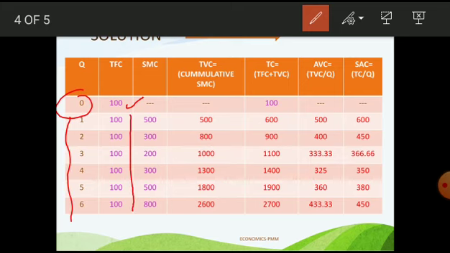The point to be noted here is, whatever the quantities produced, the total fixed cost remains the same. So we should note down this total fixed cost and the SMC, which is already given in the question. So I have written all the SMC values.